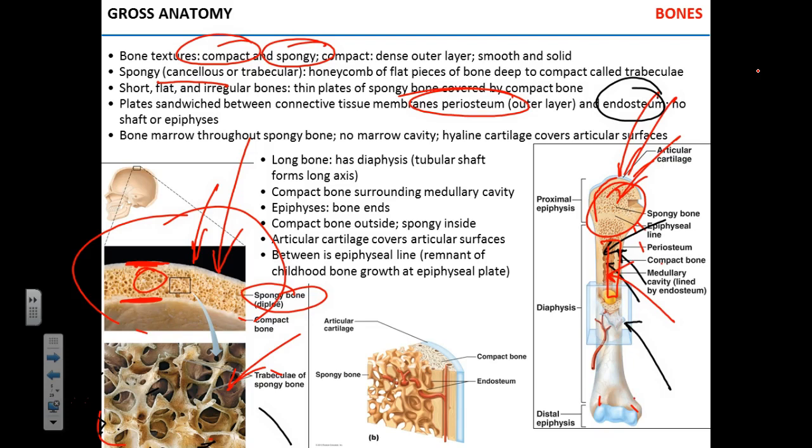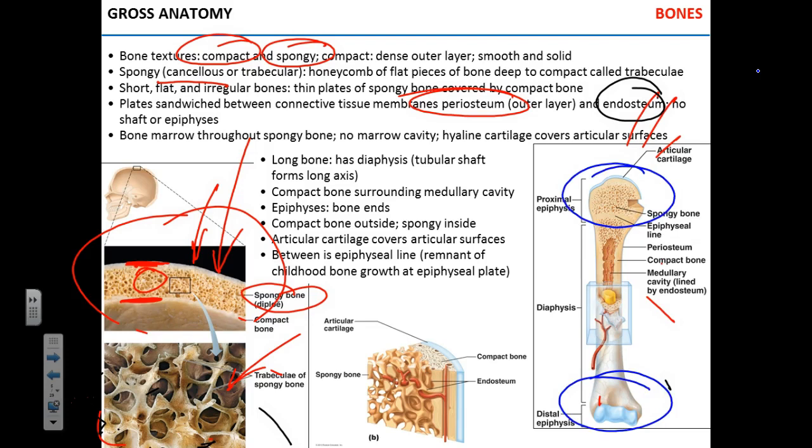If you take a long bone and do the cross section, what you're going to see is epiphysis. So this epiphysis is going to be proximal. This epiphysis is going to be distal. Do you understand why this is proximal and this is distal? Remember anatomical terminology?